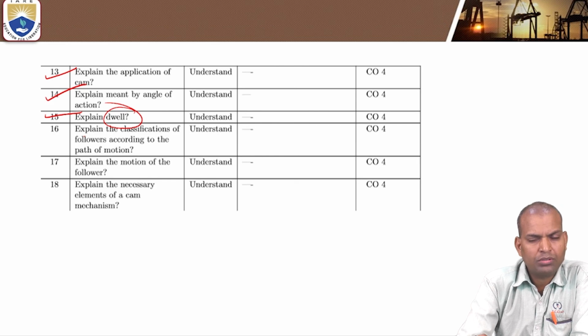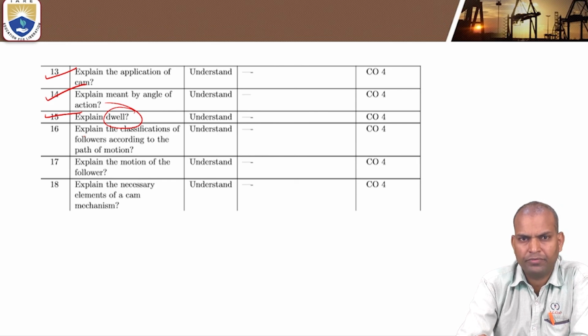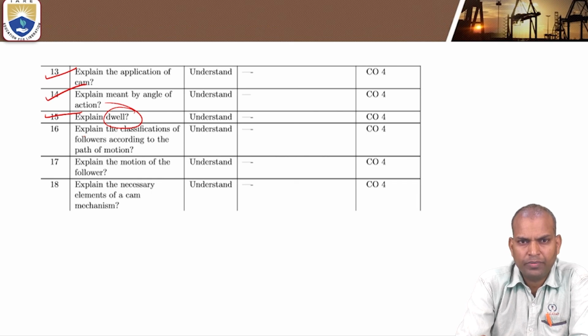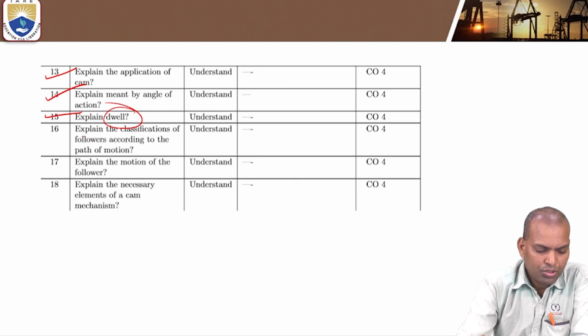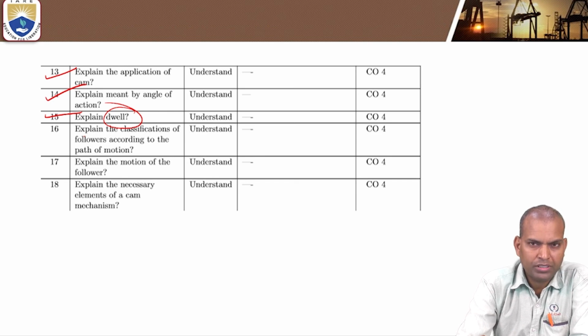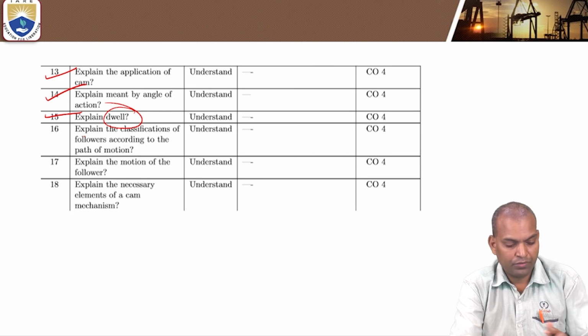There are three types of motions studied here: uniform velocity, simple harmonic, and also UARM, uniform acceleration and retarded motion. There are different types of followers: knife edge follower, roller follower, and flat faced follower.